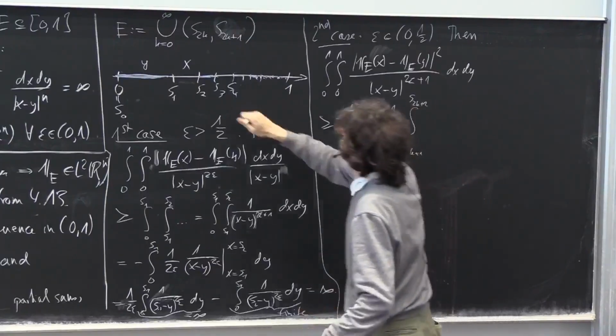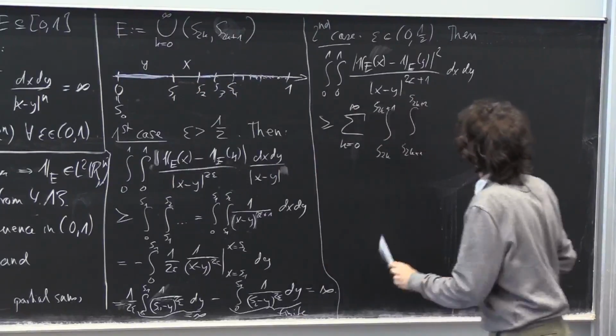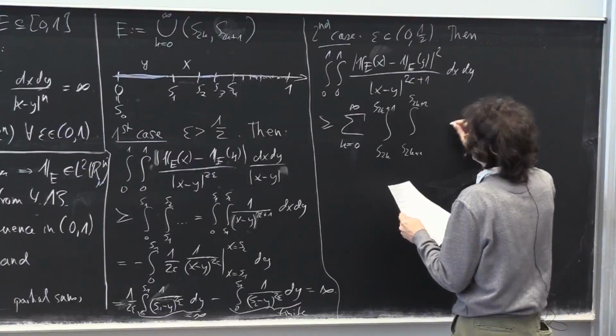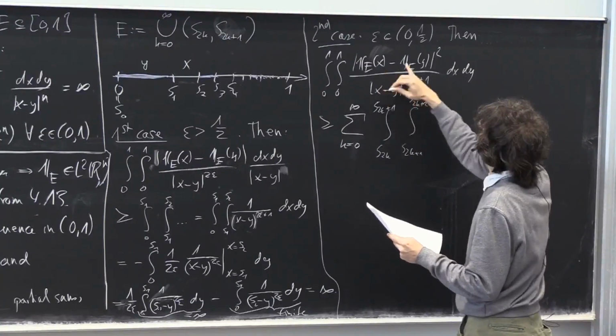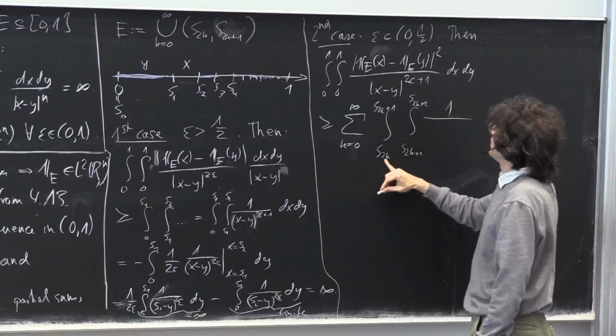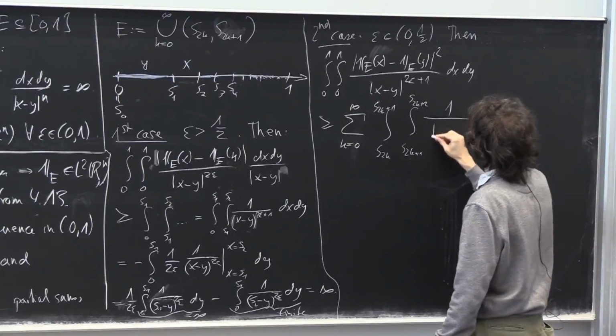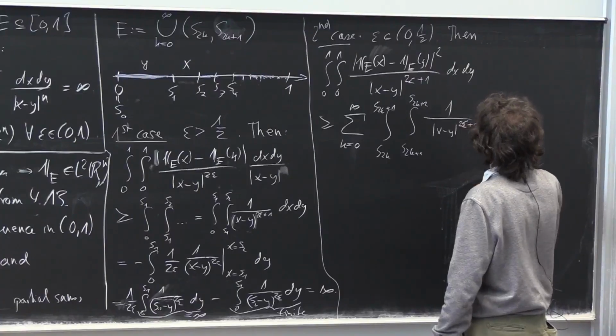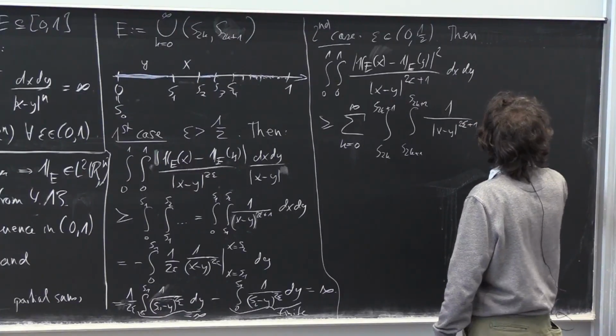So this is the next interval that does not belong to E. And then if we do this, we know that this difference is again 1, because now y belongs to E and x does not belong to E. 1 over x minus y to the 2 epsilon plus 1 dx dy.